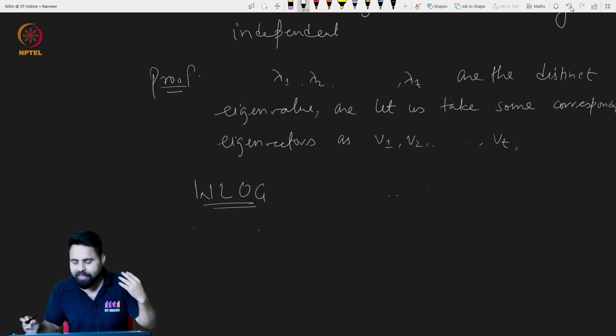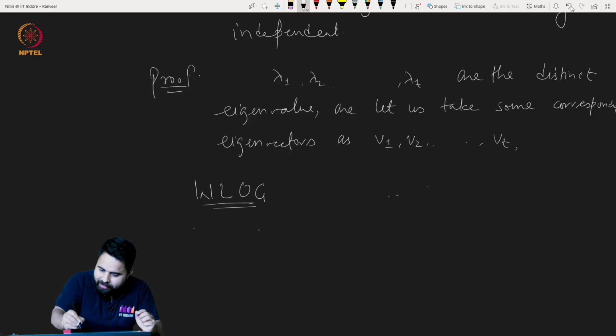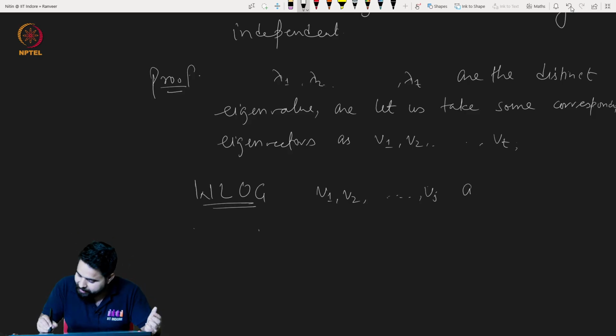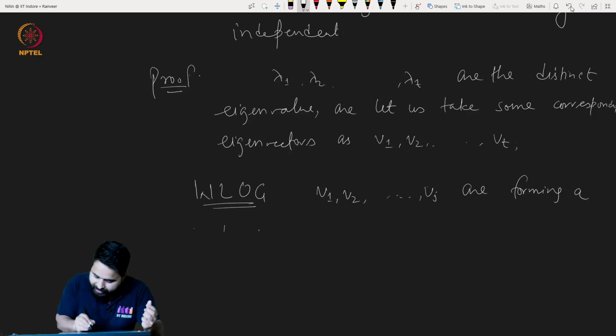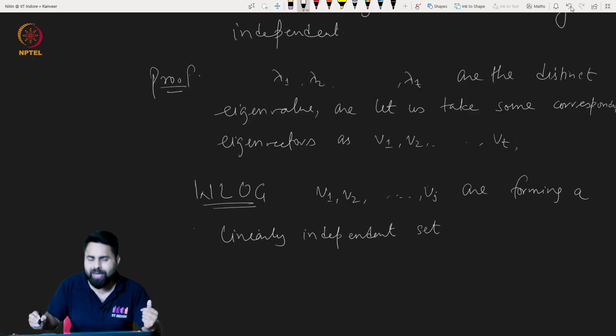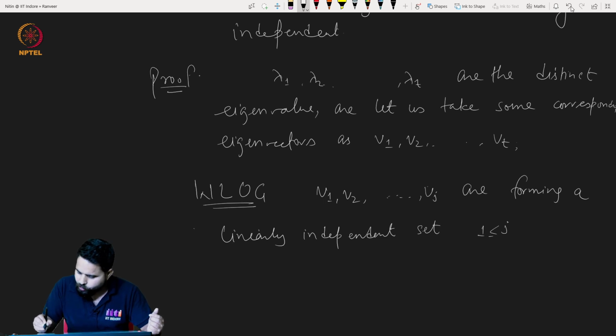Without loss of generality, let's suppose v1, v2, up to vj form a linearly independent set, where j is greater than or equal to 1, it could be 1 also, and less than or equal to t.